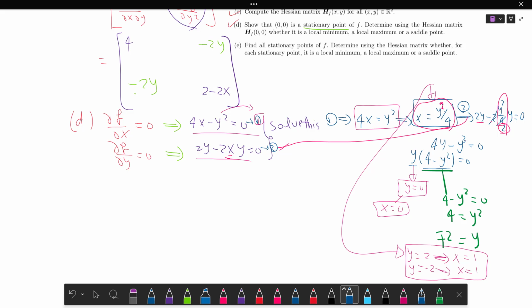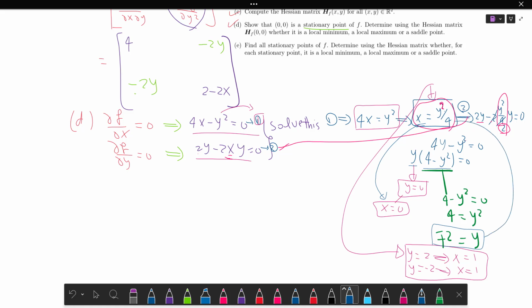If you have a multiplication equal to 0, it means each part is 0, right? y equal to 0, I finish it. So I have to find x. I find x from the relation between x and y here. If y is 0, x will be 0, right? For this one, you have 2 values of y, and you have the relation between y and x again.